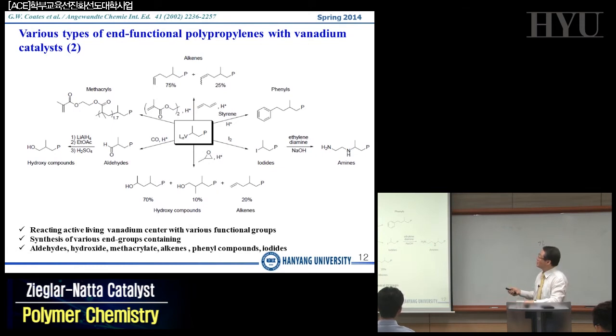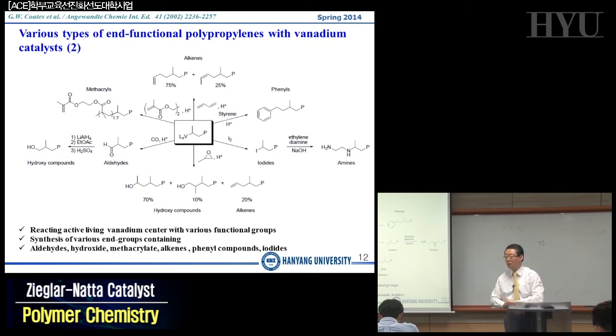This is what they call end group functional polypropylenes. This way, you can make a hydrophilic polypropylene rather than hydrophobic polypropylene. And this is one way of functionalization.